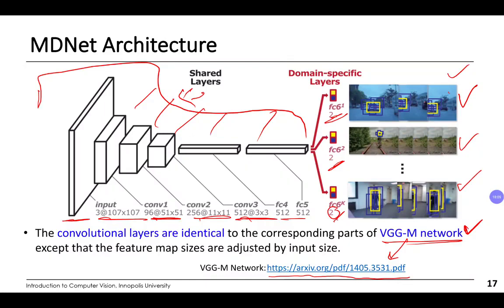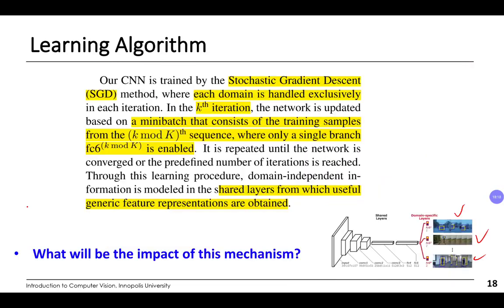Before going to the training, they are using hinge loss for MDNet as a loss function. They are using the stochastic gradient descent method for the training, and each domain is handled exclusively in each iteration. I did not want to put this as bullets, because it takes a lot of space and is not that clear, so I took this from the original paper.